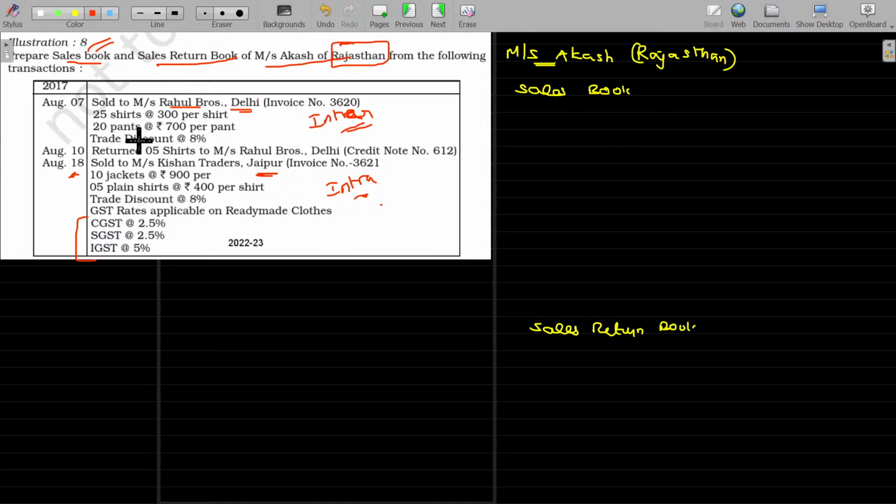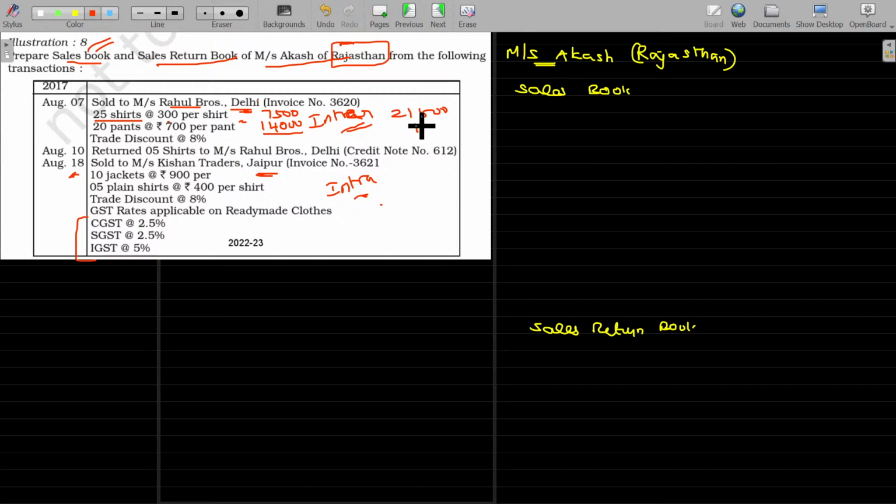As per the first transaction, 25 shirts at rupees 300, 7,500, 20 pants at 400, 8,000, total being 21,500. 8% should be subtracted.